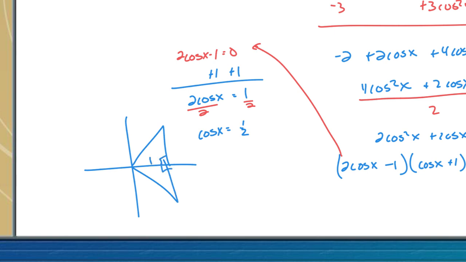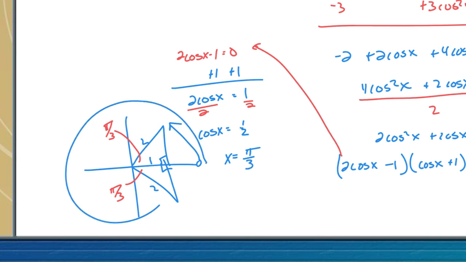Cosine is adjacent over hypotenuse, and that happens to be a reference angle of pi over 3. Measuring from 0, we get pi over 3, and then from 0 to here, we get 5 pi over 3.